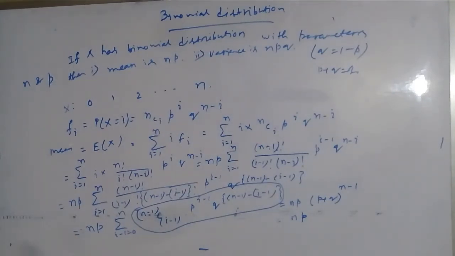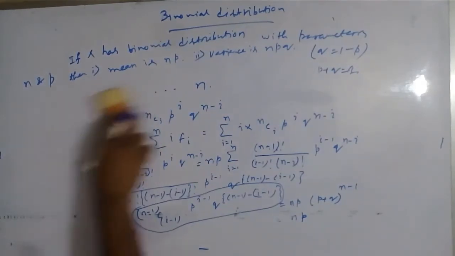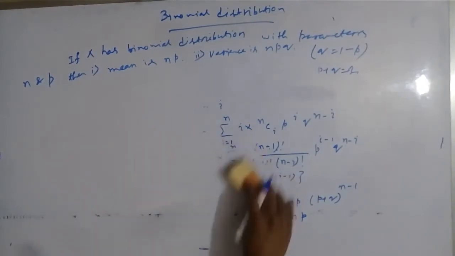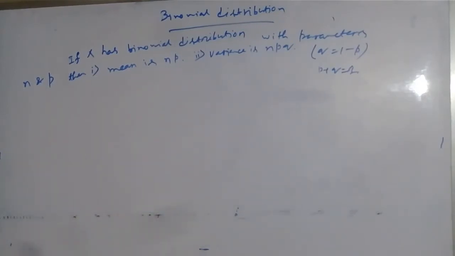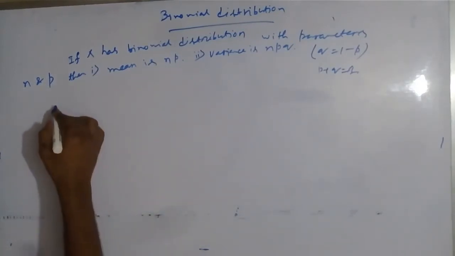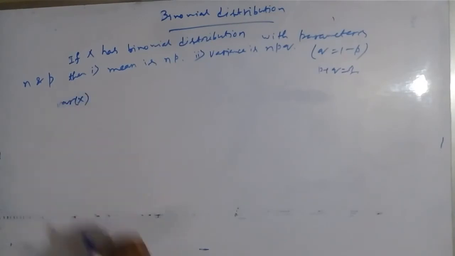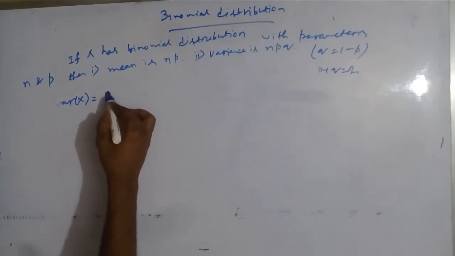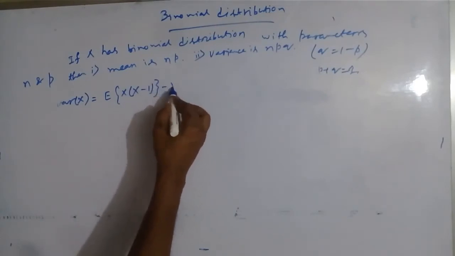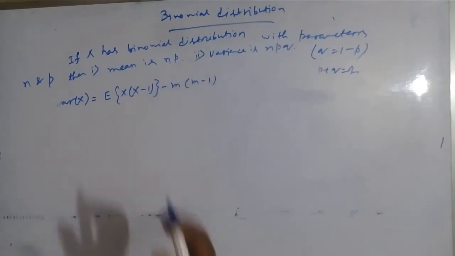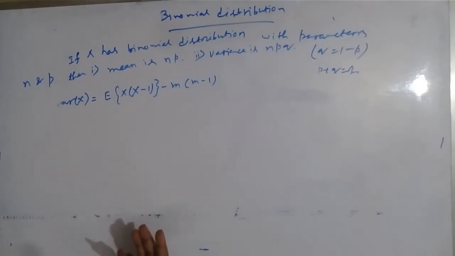the variance of the binomial distribution. So we know that the variance of x has an expression: the expectation of x into x minus 1, plus m minus m squared, where m is the mean which we have just found out, that is np.